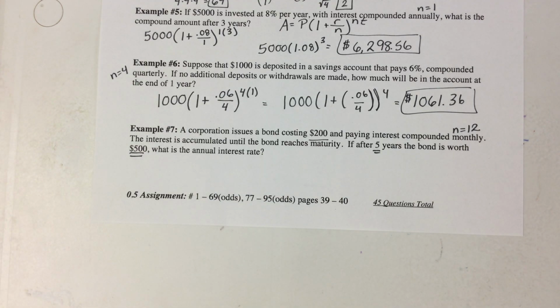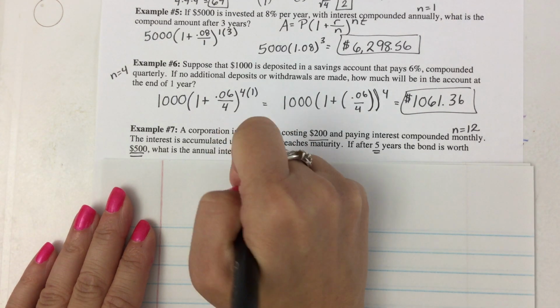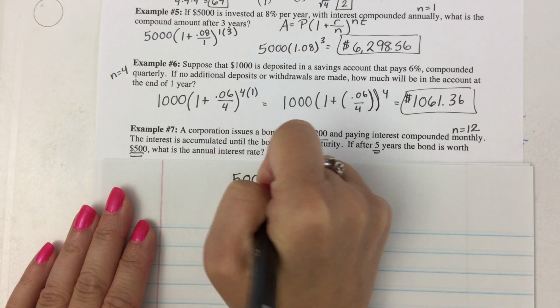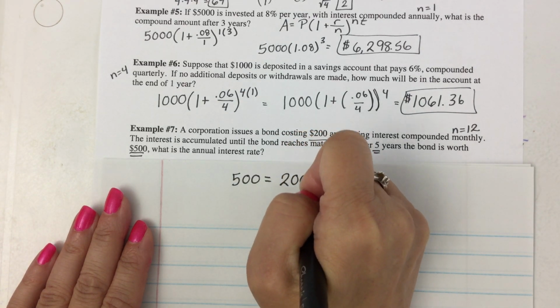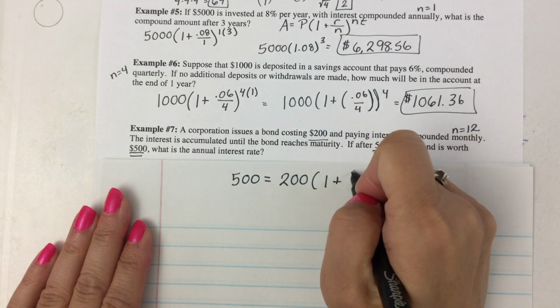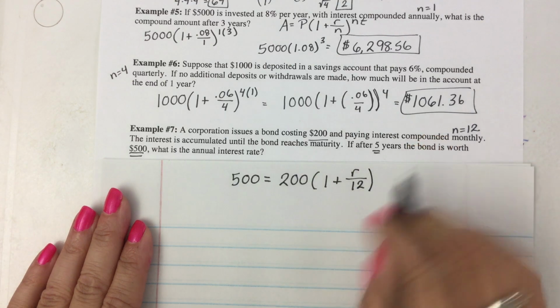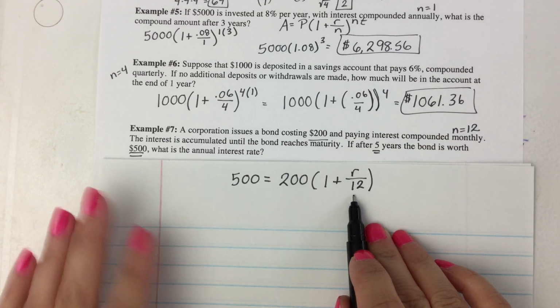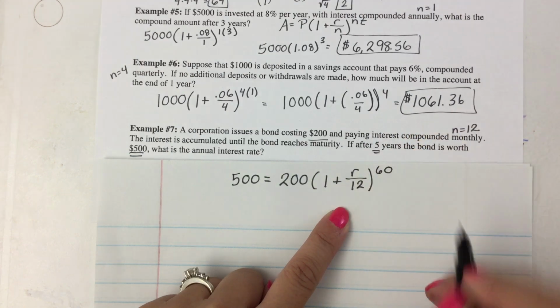We have to go backwards. So we know what the ending amount is. The value at the end is equal to 500. We started with 200. It's 1 plus r, we're trying to find the interest, over 12, 12 times per year. 12 times 5, this is 60.